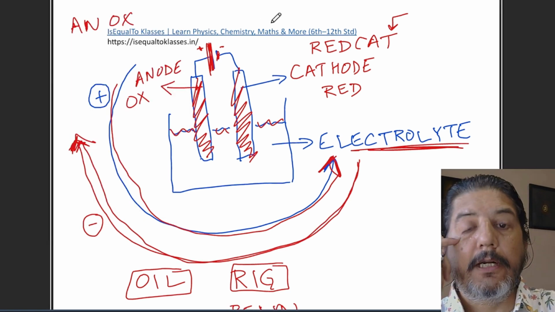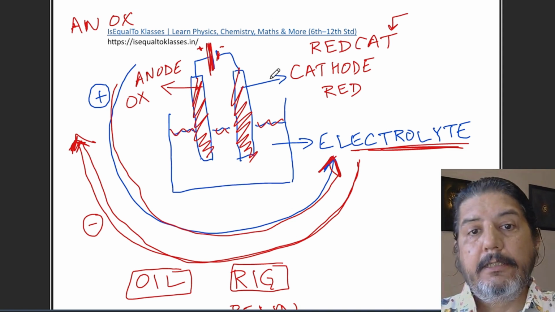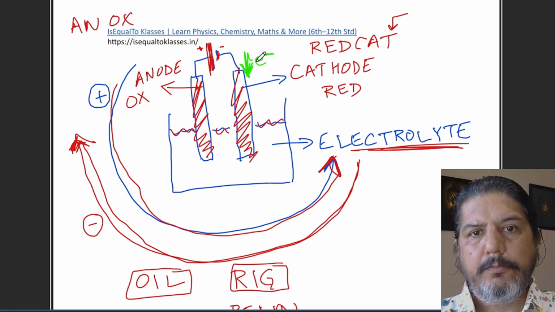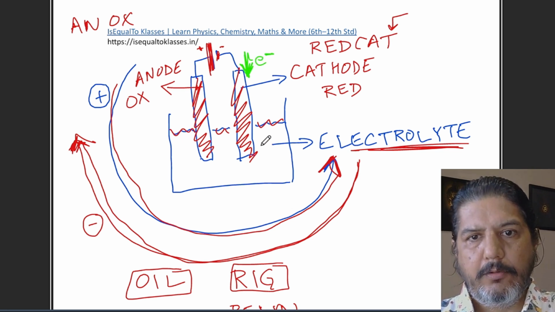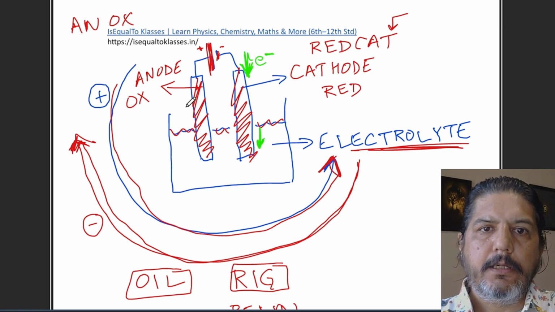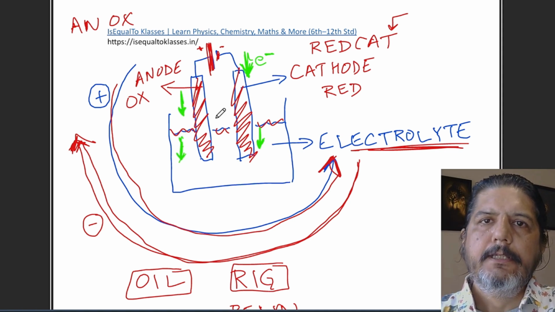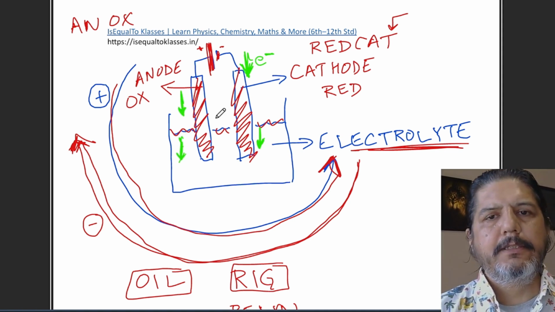One way of remembering this can be that you can assume that electrons are coming like this. They are coming like this from the right hand side. They are going down like this, and the positive ions, they are going like this. These are simple ways of visualizing electrolysis.